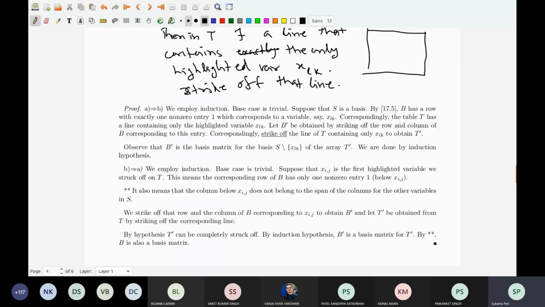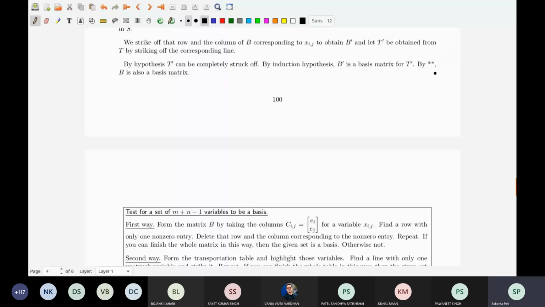Okay, before I forget, right now we have discussed two types of tests for a basis. You have two ways to test.